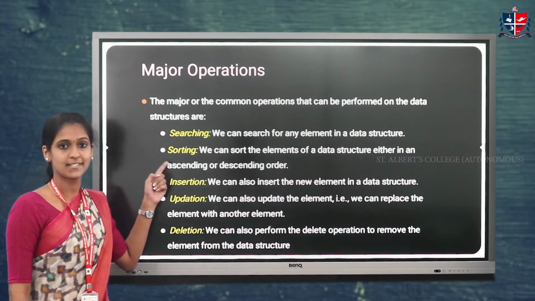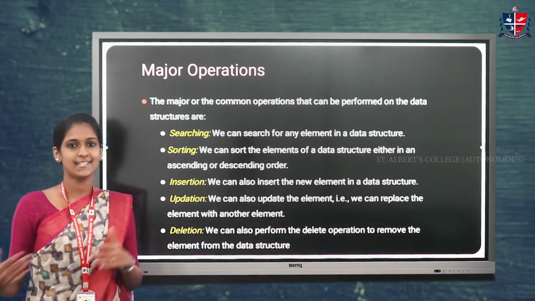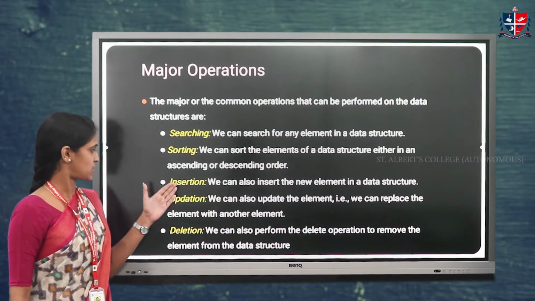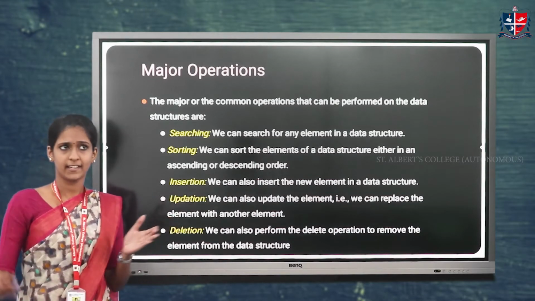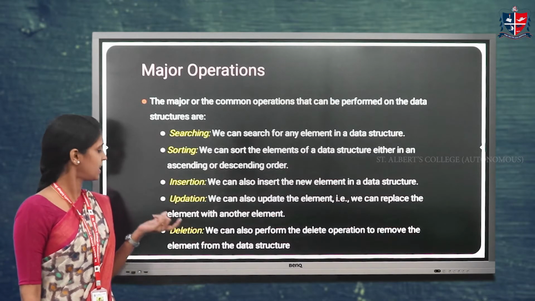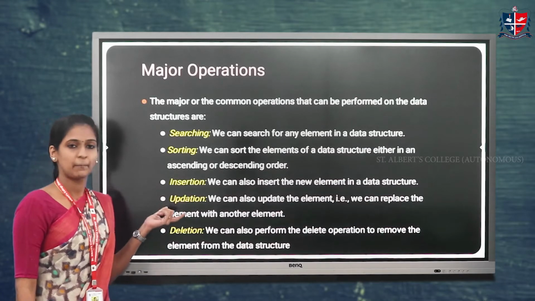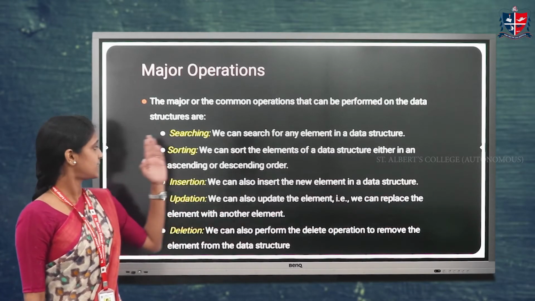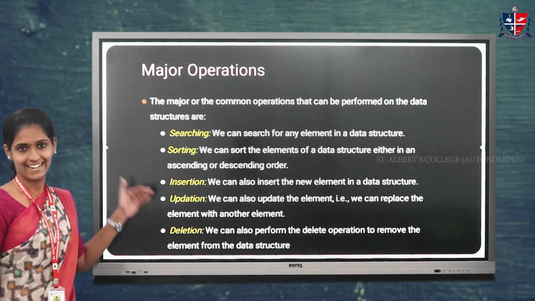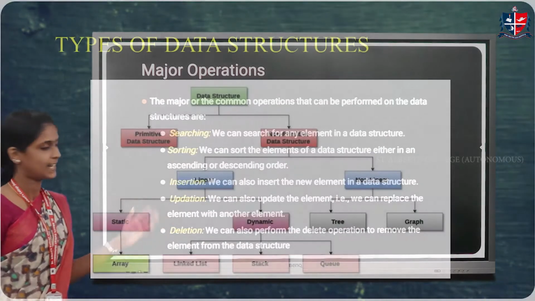The second one is sorting. In order to sort the elements either in ascending or descending order, we perform the sorting operation. In order to insert an element, we perform the insertion operation. We can delete an element from a data structure too, and also we can update an element. So these are the operations we can perform: searching, sorting, insertion, updation and deletion.